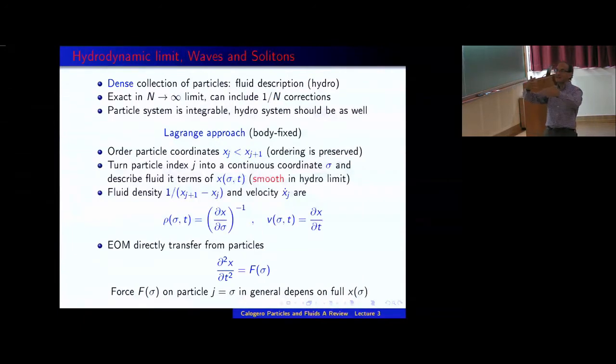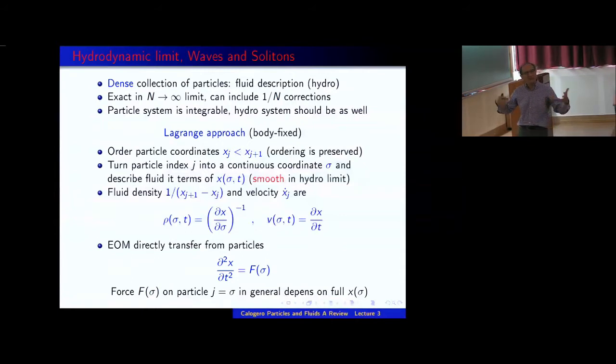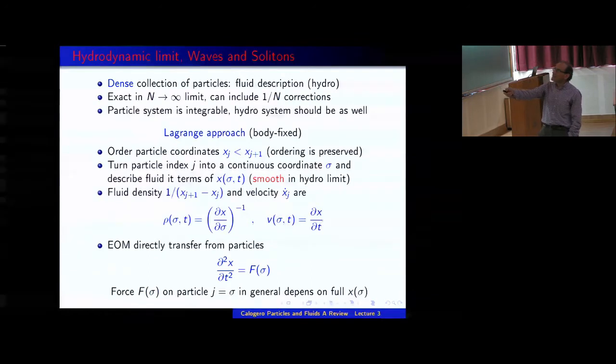They can then start going over each other, and that would mean that your fluid description would develop caustics or shock waves, and you've heard a little bit about them. But in our case, we are lucky because when you have Calogero particles, I'm talking about the classical Calogero model now, they never go through each other. And then turn that index J that labels the particles in order as they come on the real line, promote it into a continuous variable.